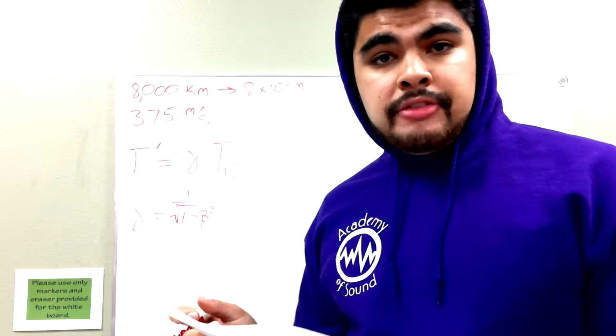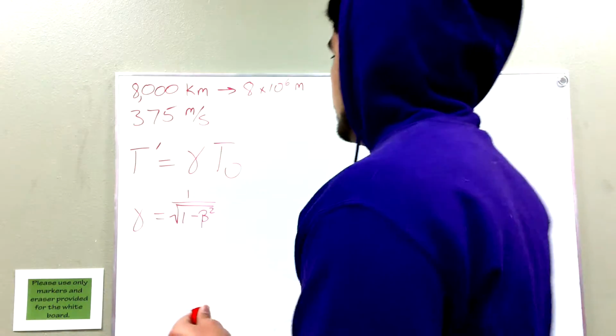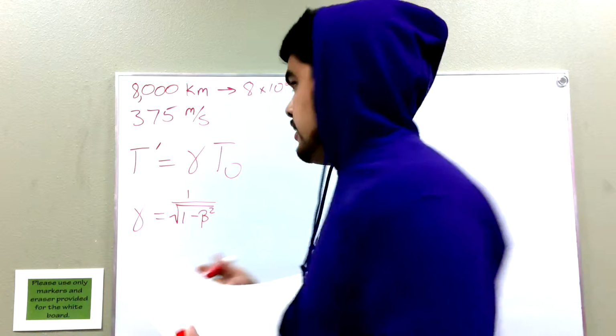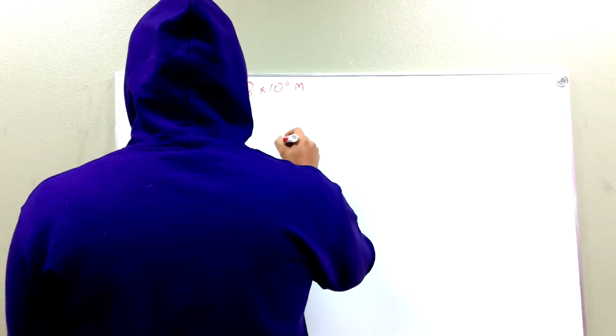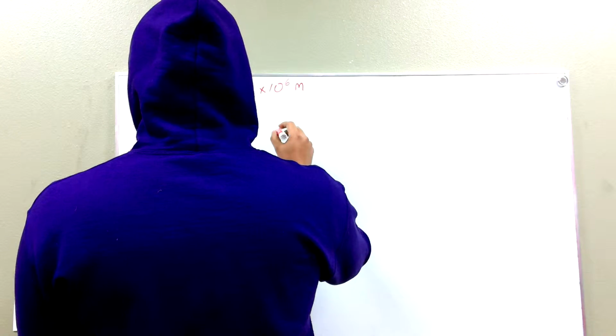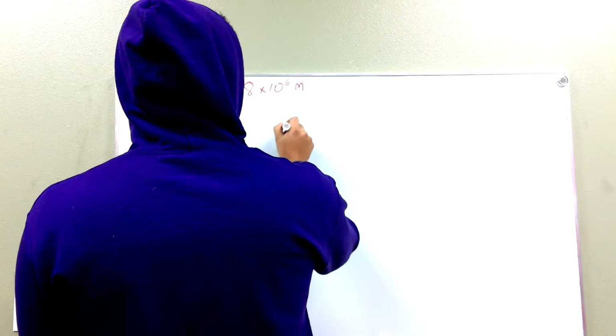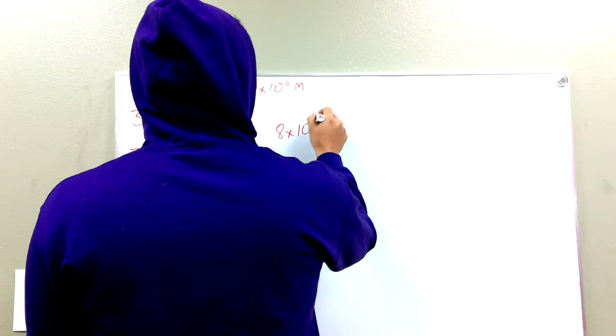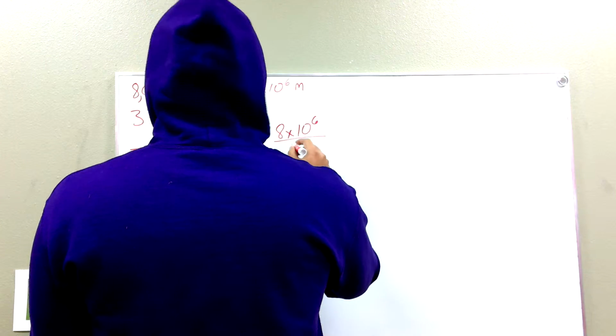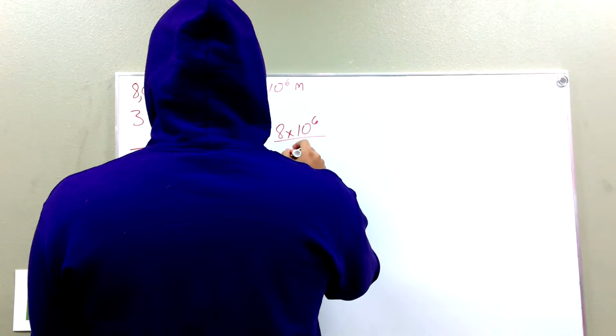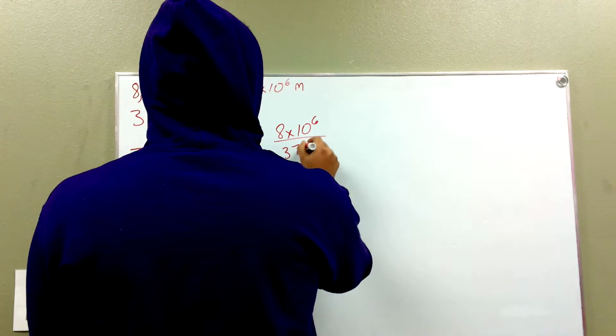First, we want to find T naught, so the time in the non-moving frame. And to solve for T naught, all you had to do was take the distance, which was 8 times 10 to the 6th, all over your velocity, which was 375.